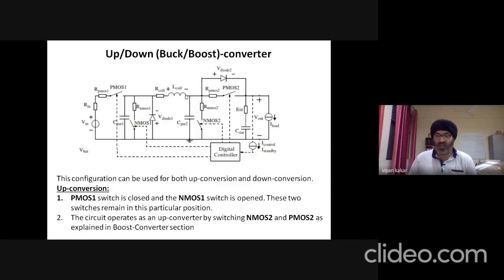Whether this particular circuit is required to be operated in up conversion mode, then we follow these two steps. Or if the circuit is now operated in down conversion mode, then these two steps need to be followed for one single output.